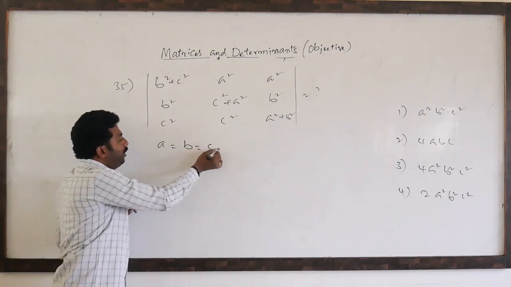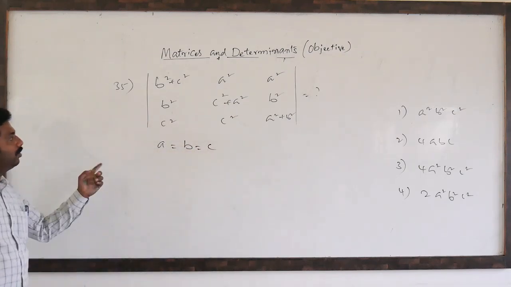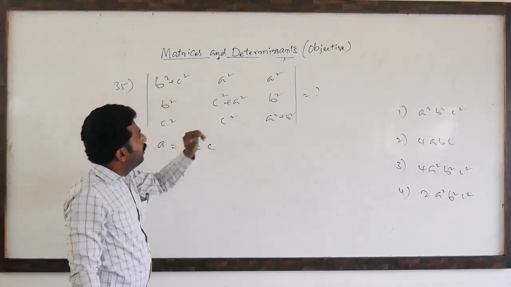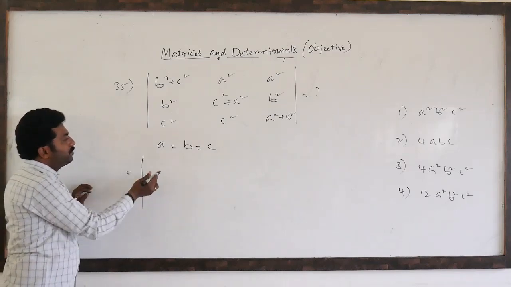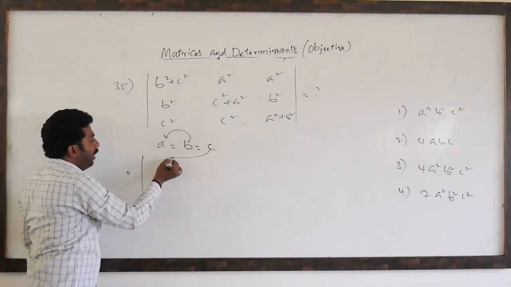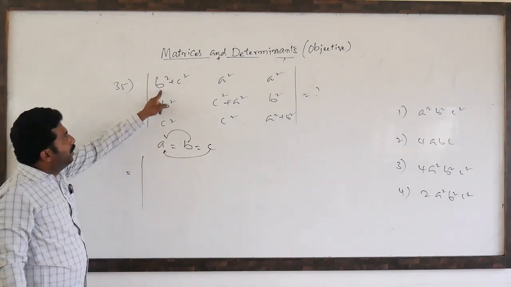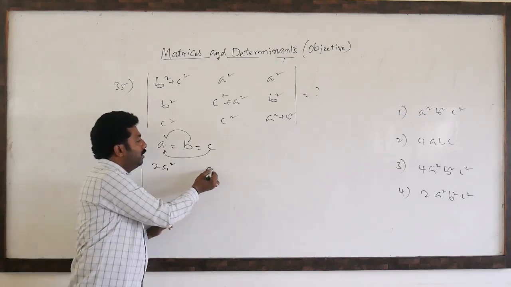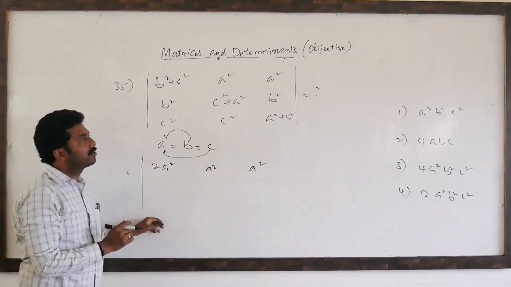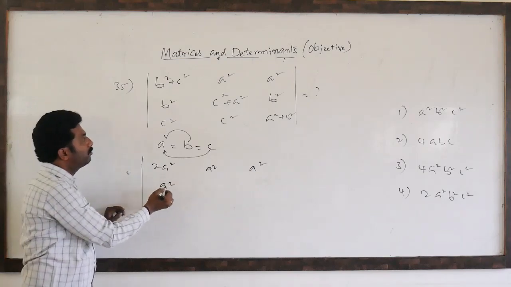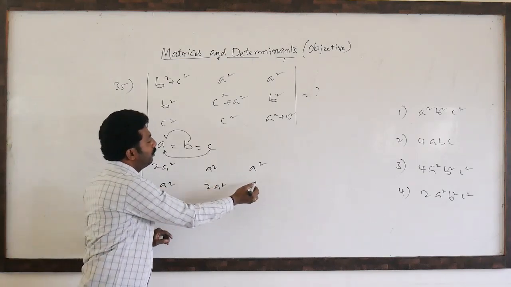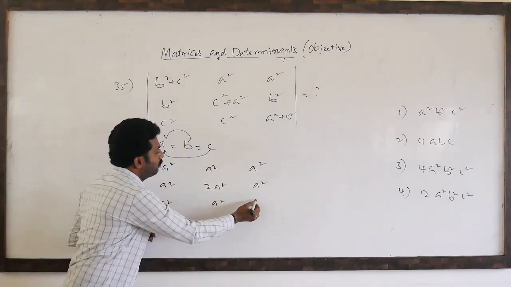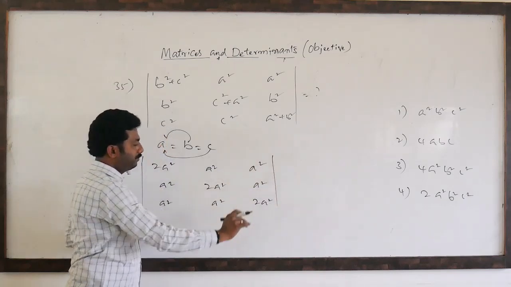Suppose a equal to b equal to c, if I take. Then b value is a, c value is also a. If we take this, a square plus a square means 2a square. The rest are a square. So the rows are 2a square, a square, a square; a square, 2a square, a square; a square, a square, 2a square.